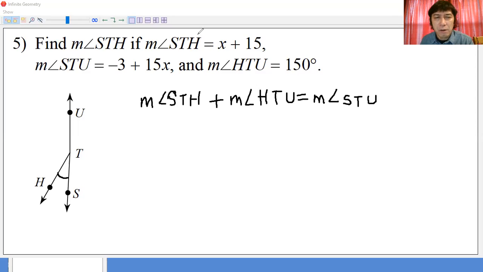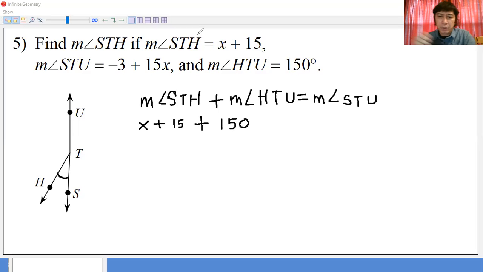Now, the measure of the angle STH is presented in algebraic expression. So this will have to be replaced by x plus 15. There. And this is to be added to the measure of HTU, and that's given a numerical value, 150. There.